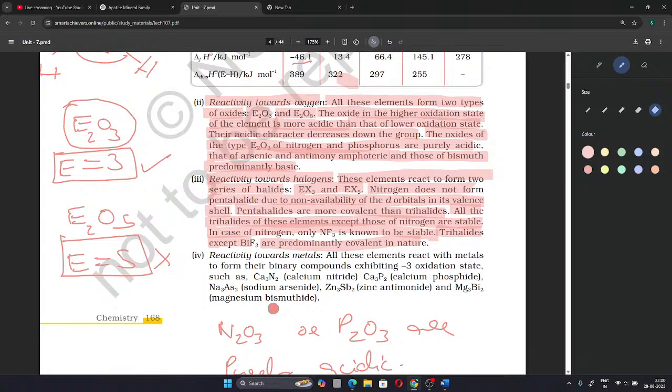Nitrogen doesn't form pentahalides due to non-availability of d orbitals in its valence shell, and pentahalides are more covalent than trihalides.